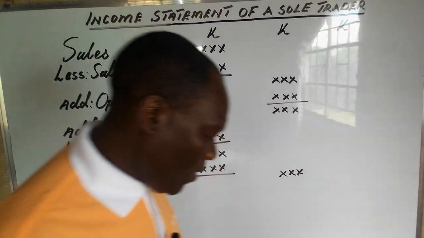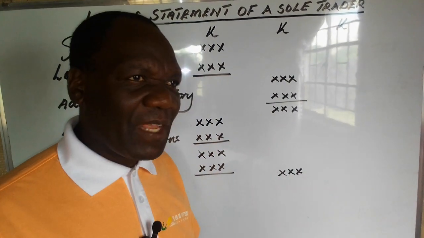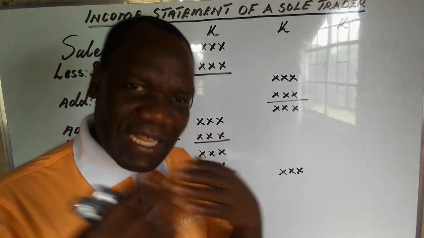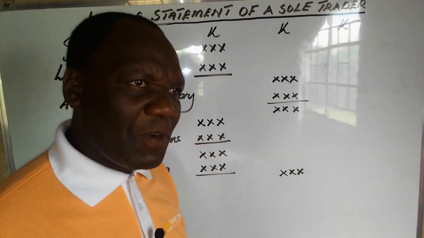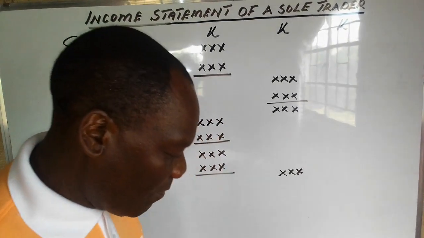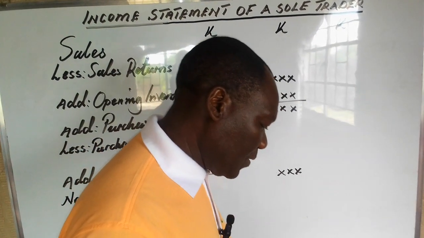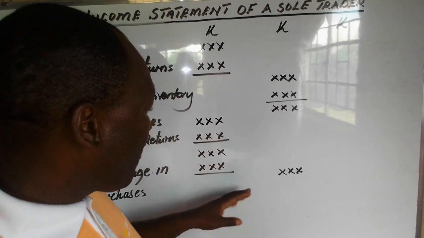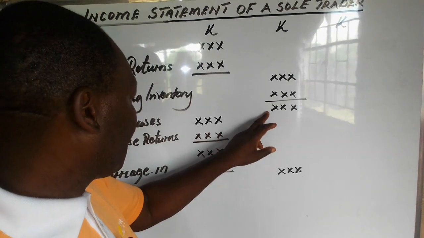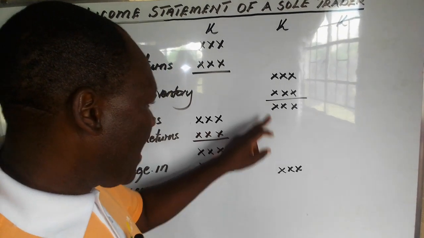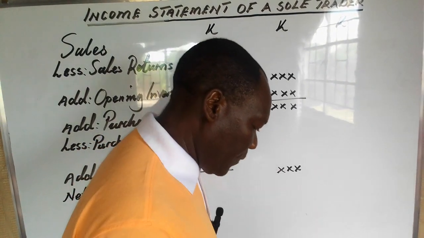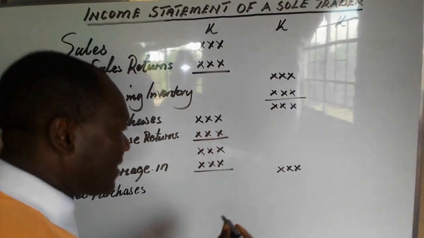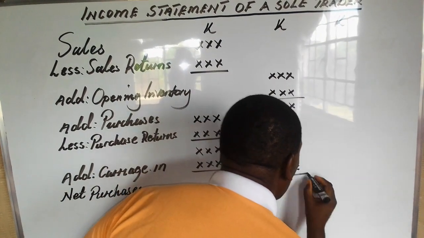Okay, so you move on. You continue with your journey. As an entrepreneur, don't fear these things. These are normal trends that you need to do in your business. Okay? So, we are now going to add this figure that we got here and this one, our net purchases, so that we get the cost of sales.